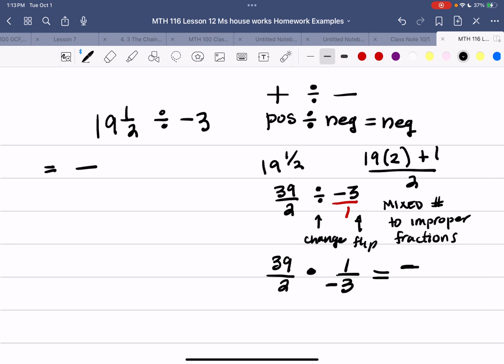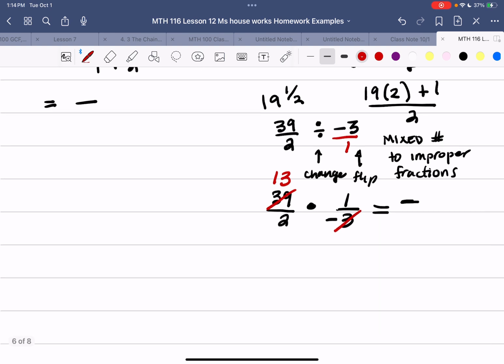Okay? Now, when you have a factor on the bottom, when you're doing fractions, that'll go evenly into anything in the top, you can just divide that into that and get a 13. 3 into 39 is a 13. Or you can do top times top, 39, bottom times bottom, 6, and remember this whole thing is negative.